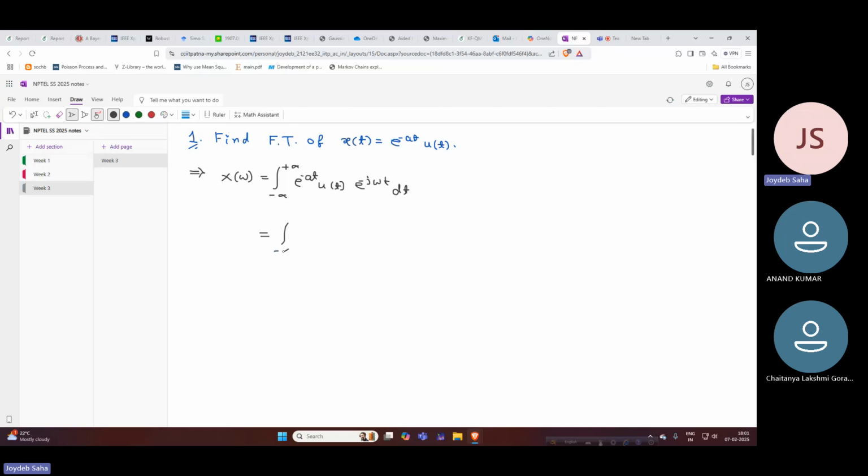the integral from minus infinity to plus infinity of e to the power minus (a plus j omega) multiplied with t, u(t) dt.